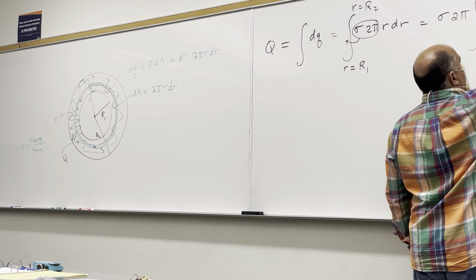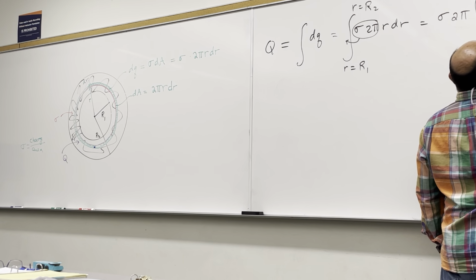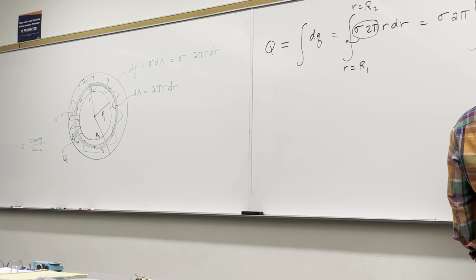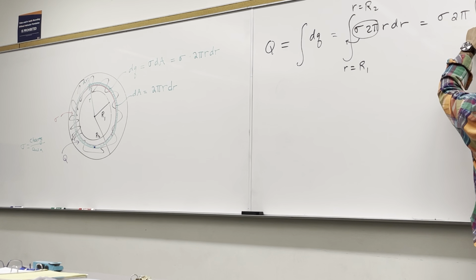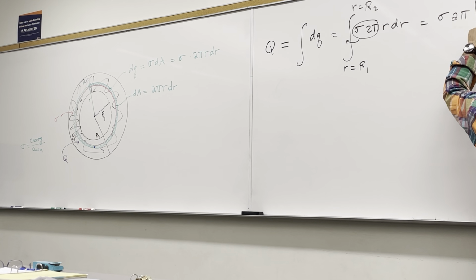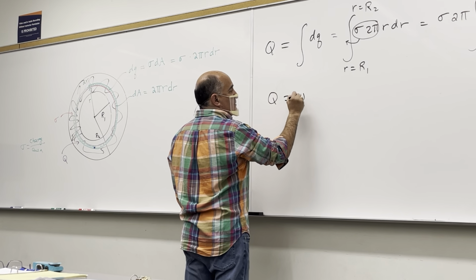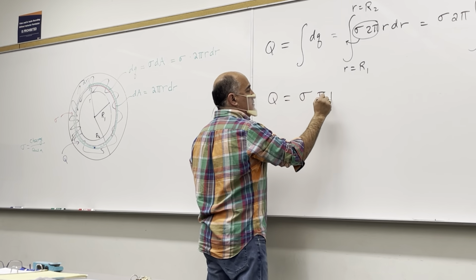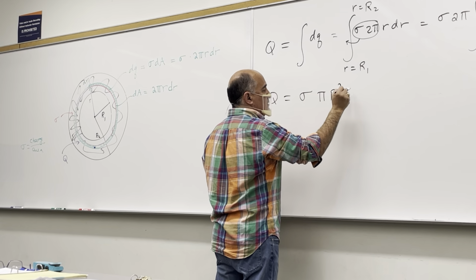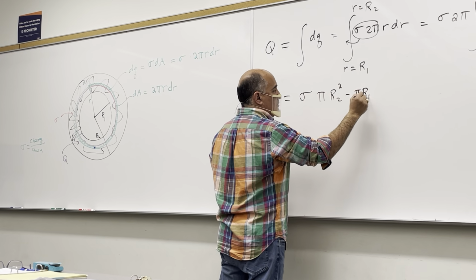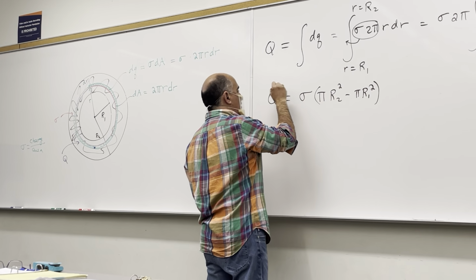So this is sigma times 2 pi, and then that's going to be r squared over 2 from R1 to R2. This will cancel that. And this is just going to give me sigma times (pi R2 squared minus pi R1 squared). I can write it like that.